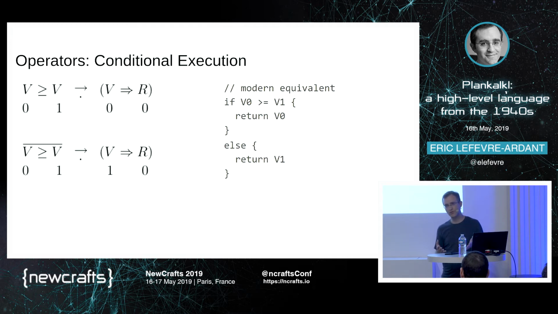But it does talk about conditional execution. He has a special symbol for that, the arrow with a dot below it. So this means that if V0 is greater or equal to 1, then we execute what is on the right. That is, we assign value V0 to the result value. So that's predicates for you.